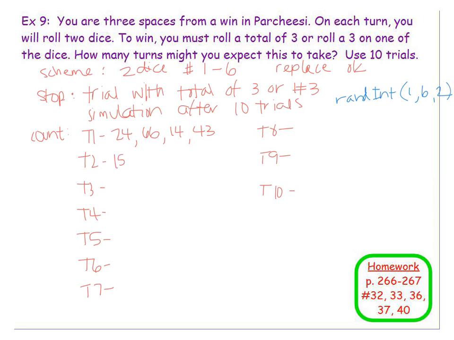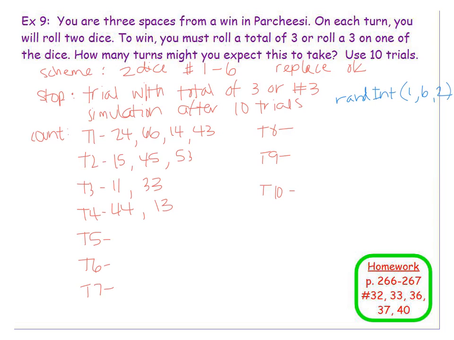1, 5. No 3s and no total of 3. 4, 5. No 3 or no totals of 3. 5, 3. There's a 3. I'm done. Next trial, 1, 1. Those total 2. 3, 3. Perfect. Lots of 3s. We're done. Trial 4. 4, 4. No good. 1, 3.